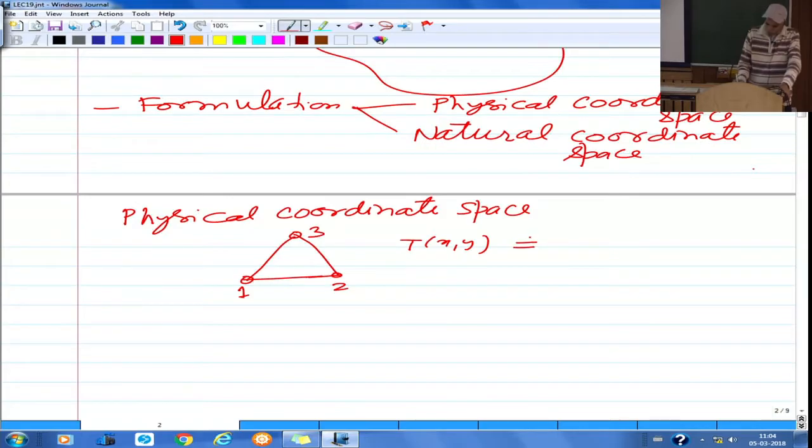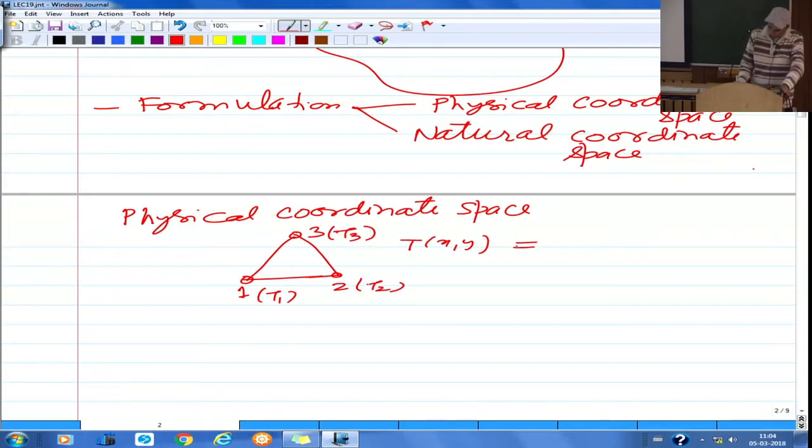Although we have not yet seen what the degrees of freedom at the nodes of the element should be and what should be continuous across the element boundaries, we will see that when we look at the differential equation and the primary and secondary variables. But for the time being, let us say we want the value of T itself as the degrees of freedom at these nodes. So that is T1 here, T2 here and T3 here.